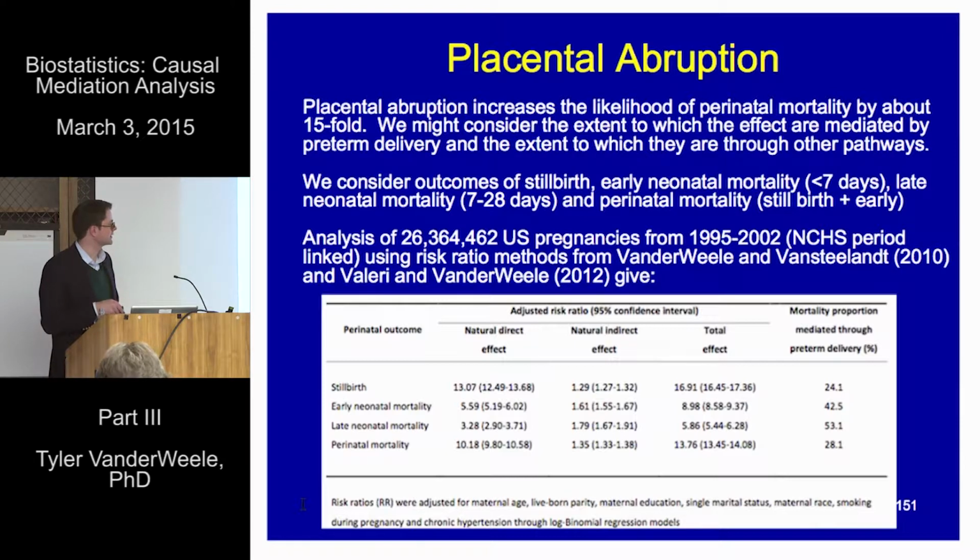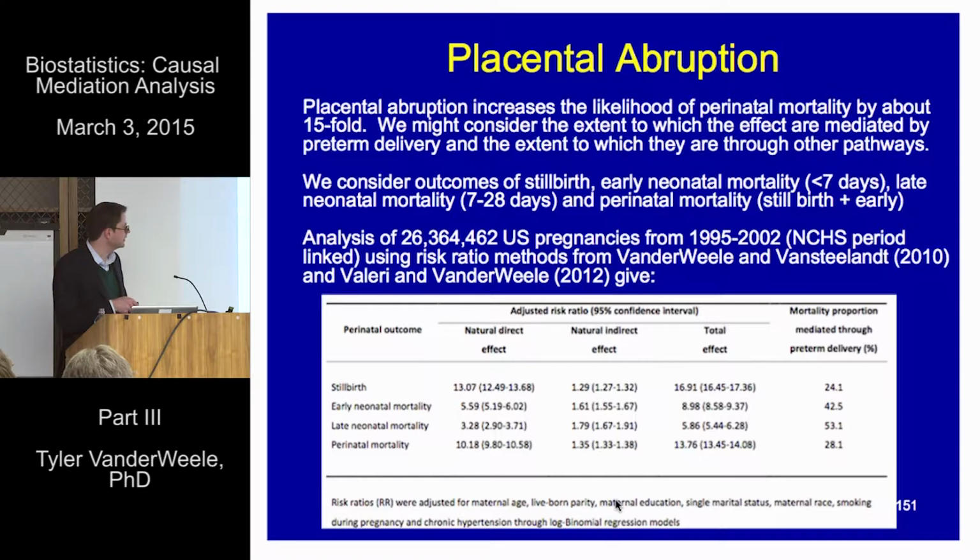This first table just gives the direct and indirect effect estimates for each of the 4 outcomes and the total effect, having adjusted for the measured covariates, in this case, maternal age, parity, education, marital status, race, smoking, and hypertension.